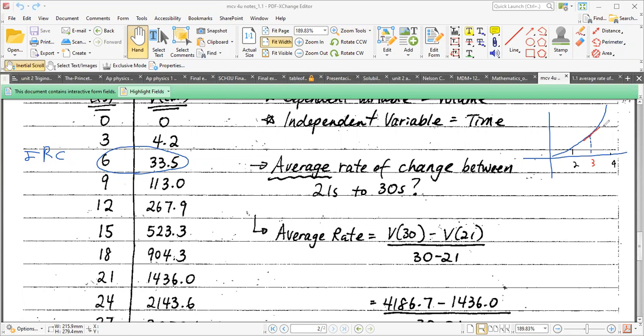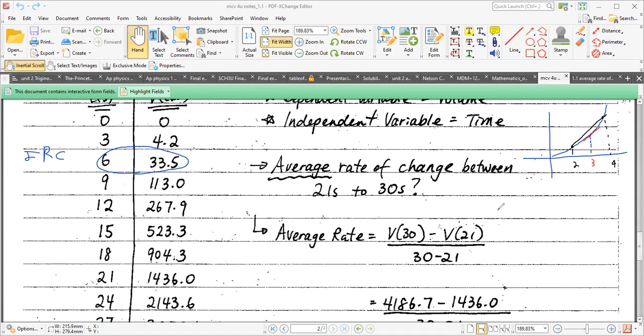As long as 3 is in the middle, it is acceptable. So these are the 2 points on your graph that 3 is in the middle. Then if you find the average rate of change between these 2 points, see the red line and this black line, they are parallel.